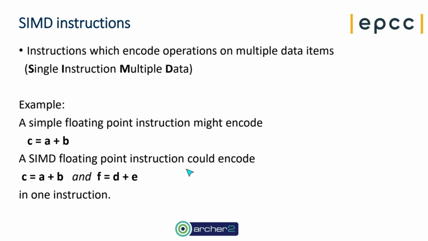It could be more than two, depending on the hardware and also on the size of the operands, whether they're 32-bit or 64-bit. So a single instruction might encode, say, 4, 8, or 16 floating point operations.